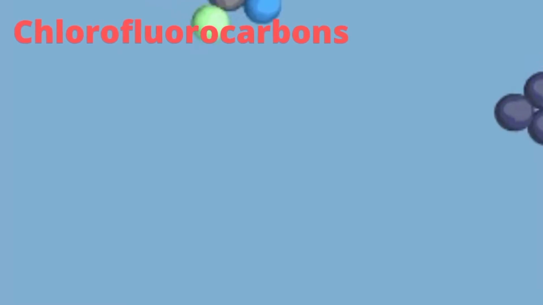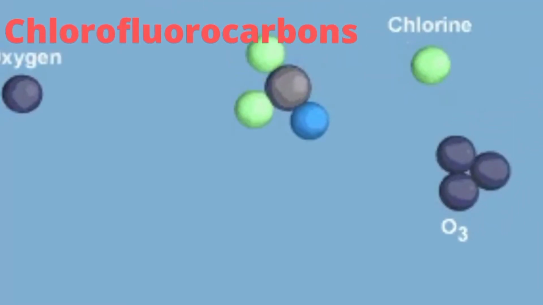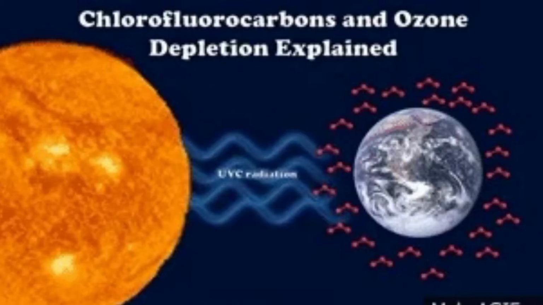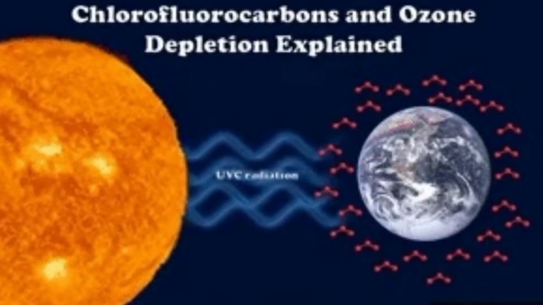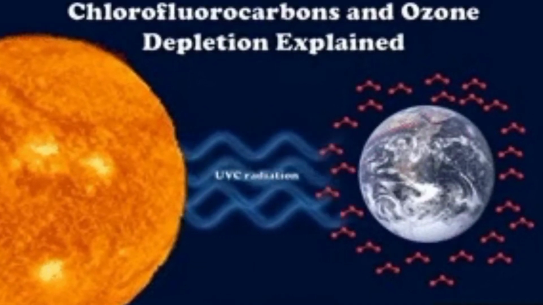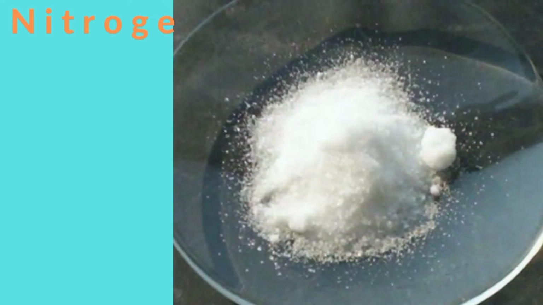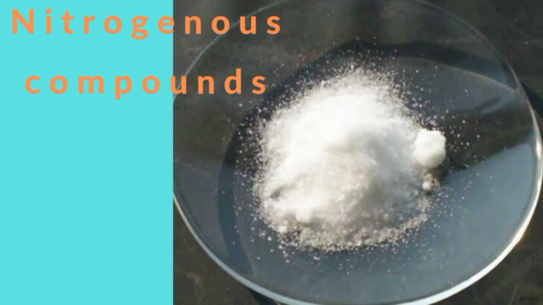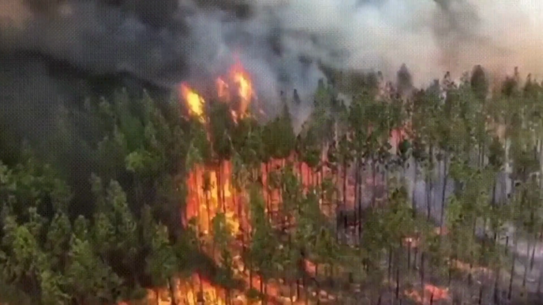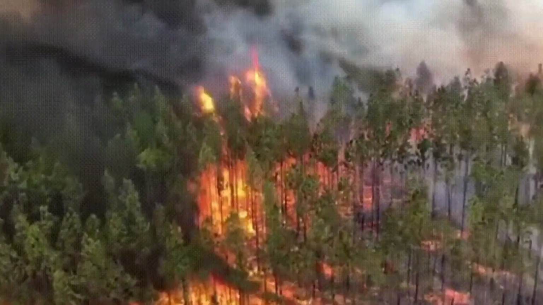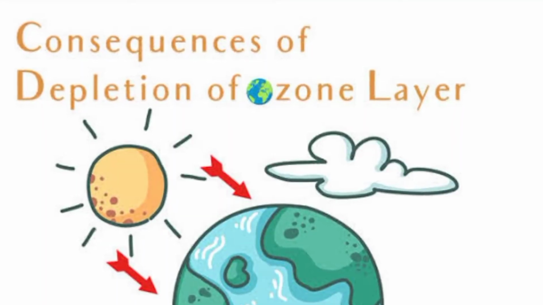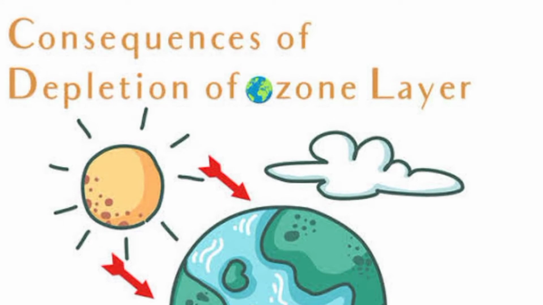It can also be caused by chlorofluorocarbon. Chlorofluorocarbon is a very important chemical that is used in refrigerator and air conditioner. Nitrogenous compounds can also cause depletion of the ozone layer. Burning of bushes can cause depletion of the ozone layer.